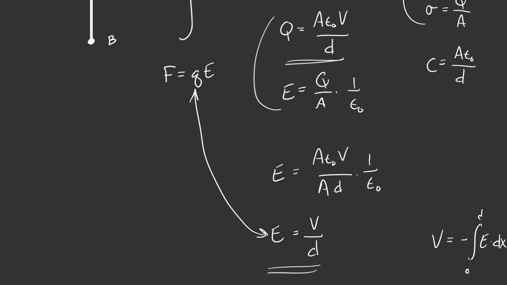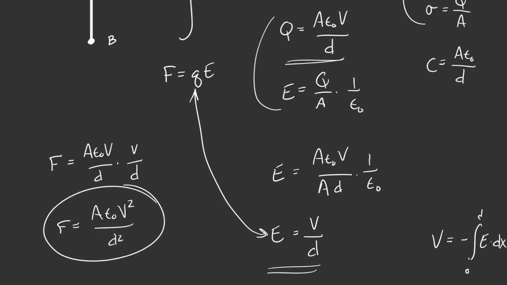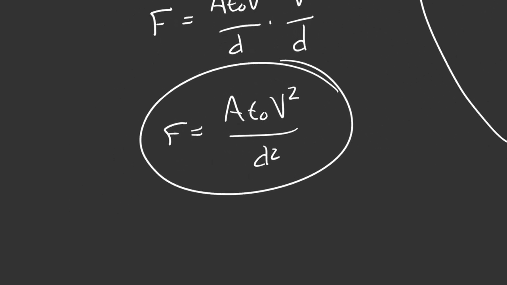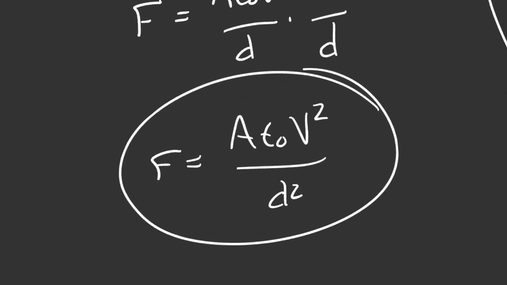The electric field is V over D. So the force required to pull the plates apart is going to be... I'd argue that it's pretty clear the force is going to drop a lot, isn't it? Pretty fast too, don't you think?